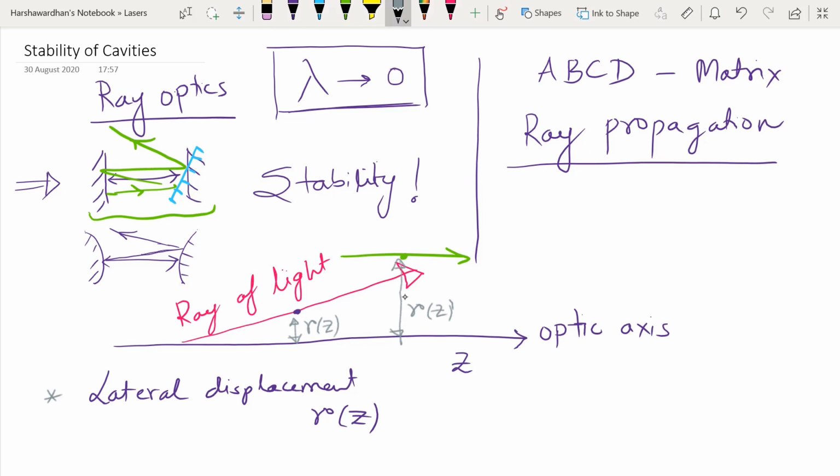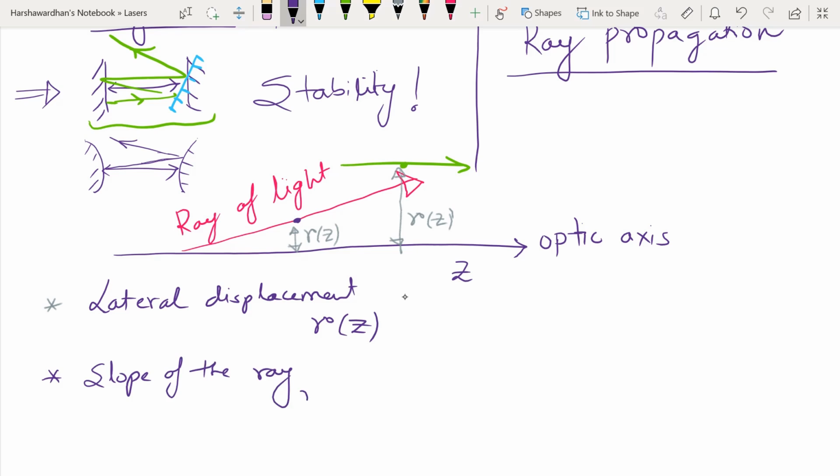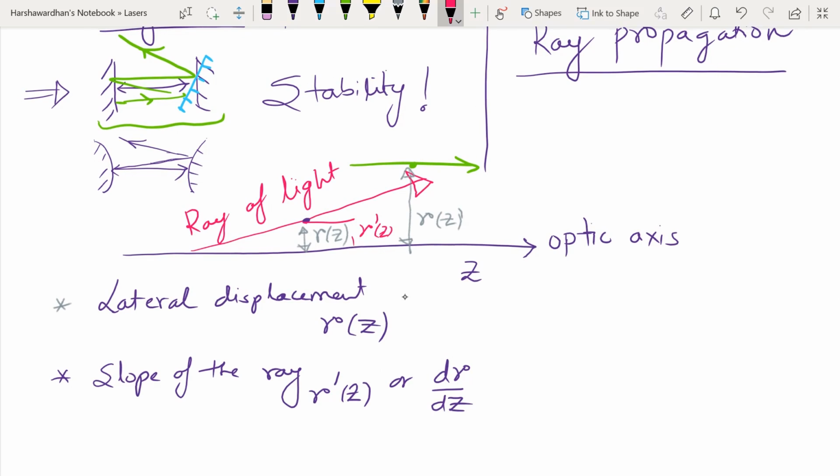The second quantity with which I require two numbers to specify the ray is basically the slope of the ray, which I'm writing as r prime of z, or in other words, it is simply dr over dz. So you see that this ray, the red ray here, I'm associating with r and r prime at z, which gives me the slope.